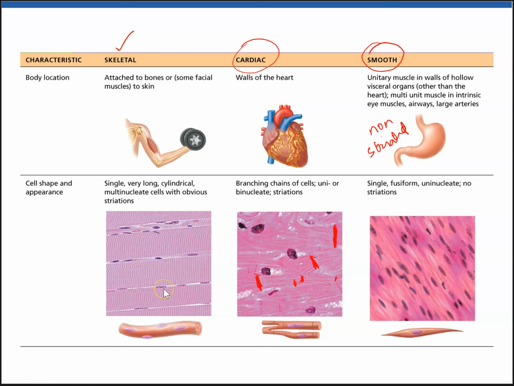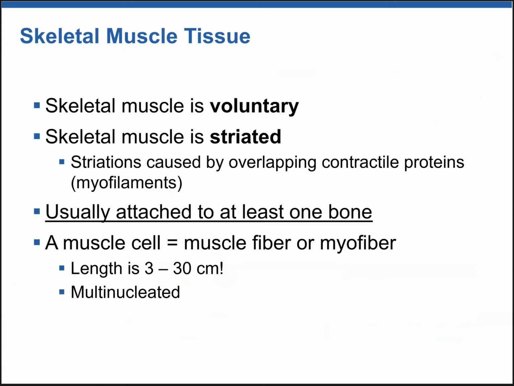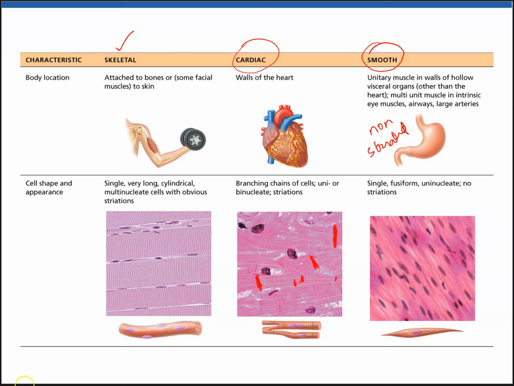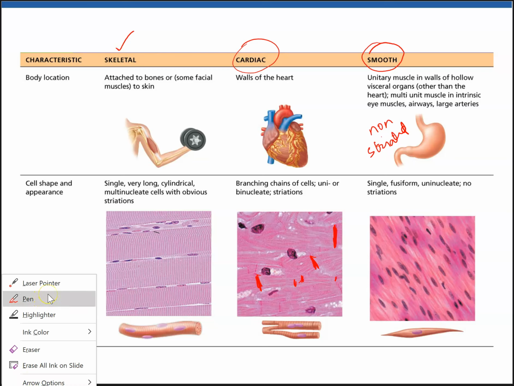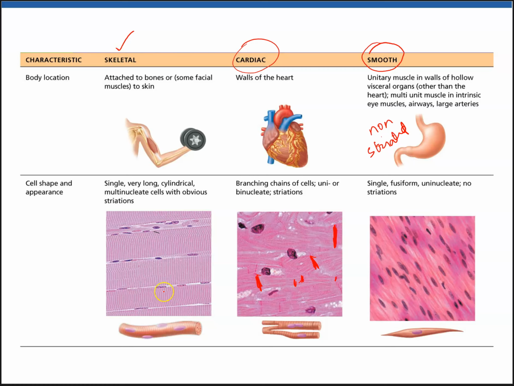So you see these nuclei that are along the periphery of the cell. I hope you remember this from the histology lecture about 3 or 4 weeks ago. So these are multinucleated muscle fibers, and the nuclei are peripherally located.